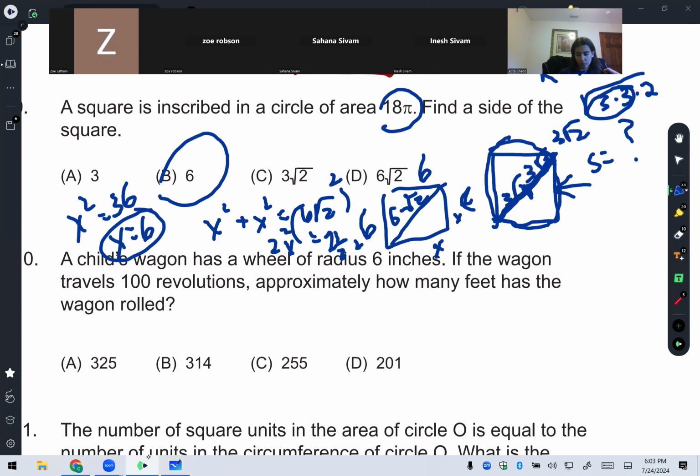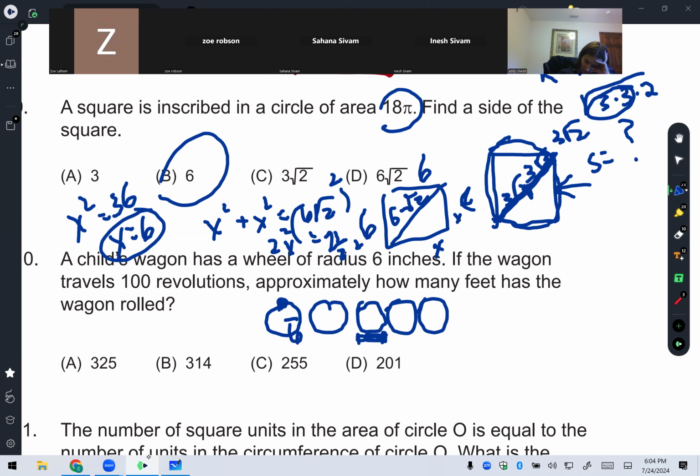I'm going to try to give you every circle problem I have, a big Peloton circle lesson. So a child's wagon has a radius of 6. If I put a little mark on the tire, and it travels 100 times, every time, what feature of the circle do we need?